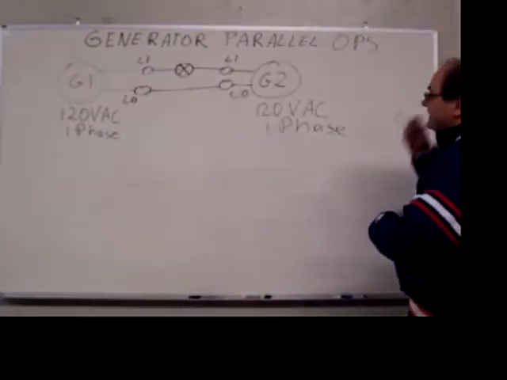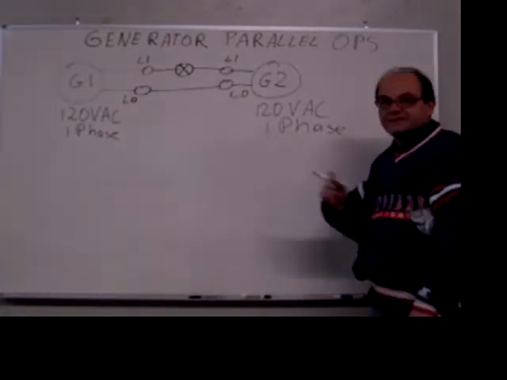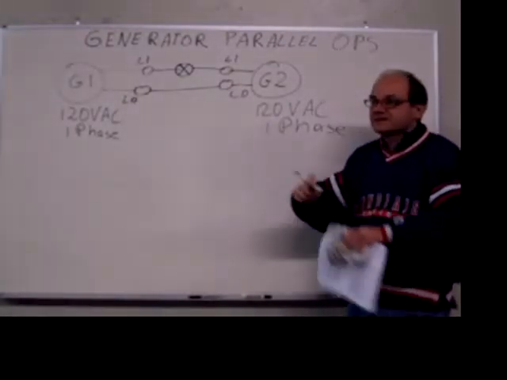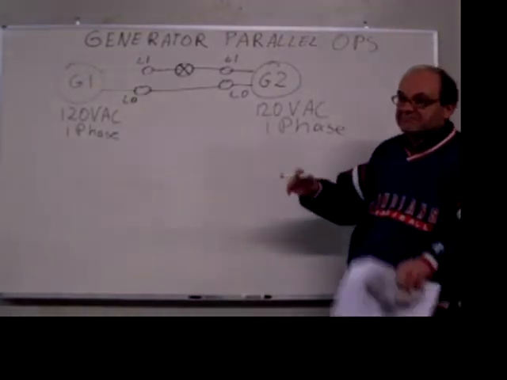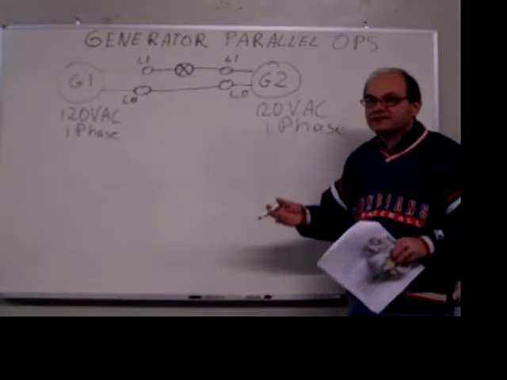Now what will happen is, a light bulb is a resistive load, and a resistive load behaves without any problems. This is the easiest circuit to actually hook up.